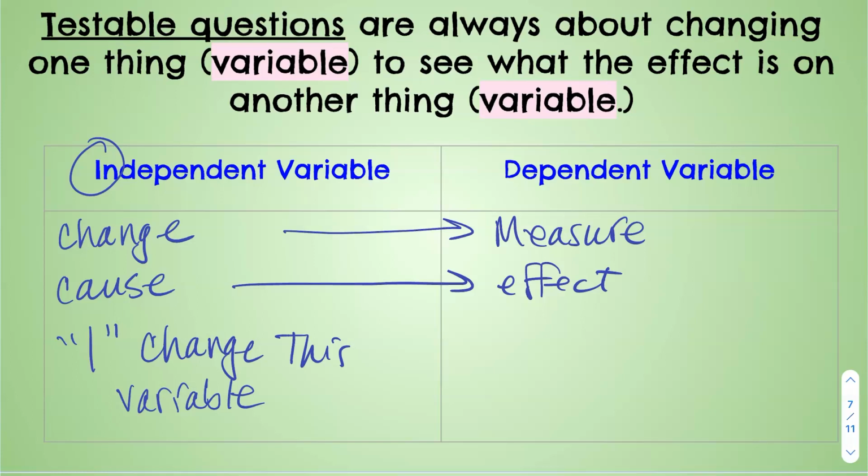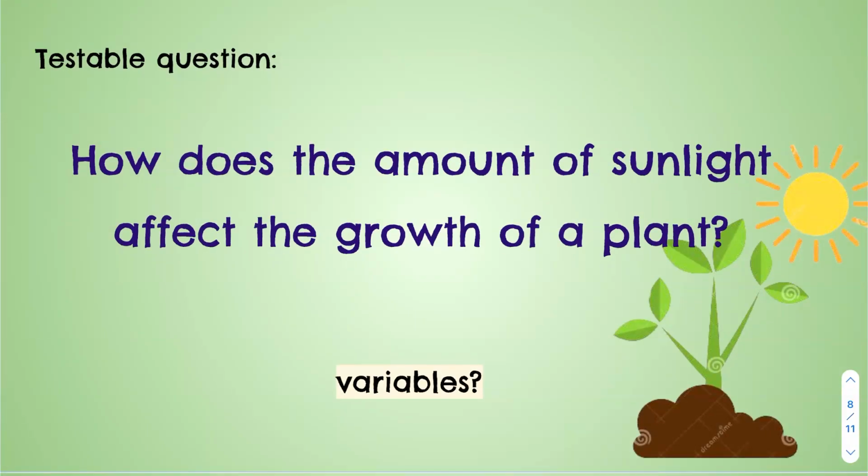So looking at a specific example, here is a testable question. How does the amount of sunlight affect the growth of a plant? What are the variables here? Well, we've got two things. We have amount of sunlight and we have the growth of the plant. So what depends on what? What are we changing? What am I changing? The independent variable?